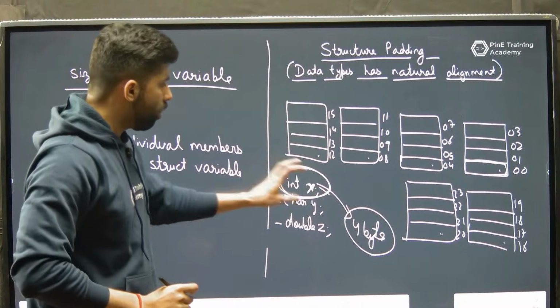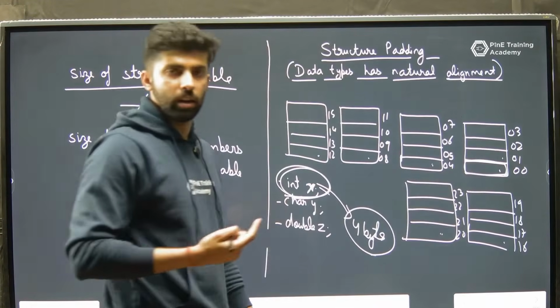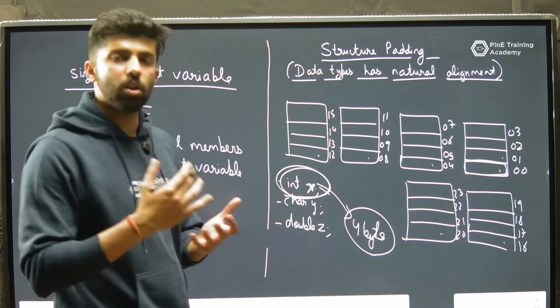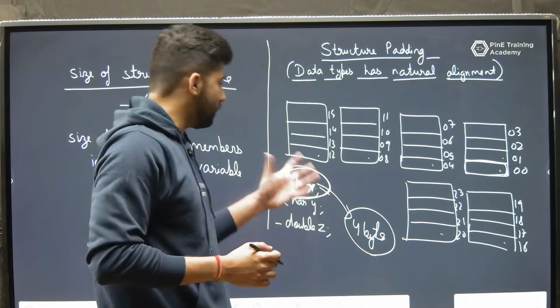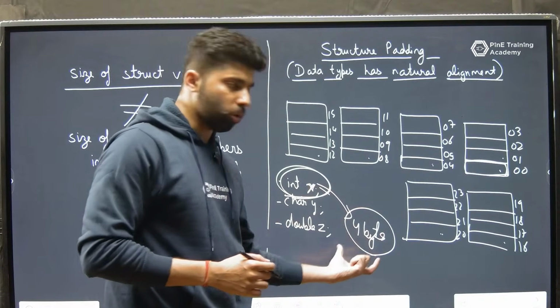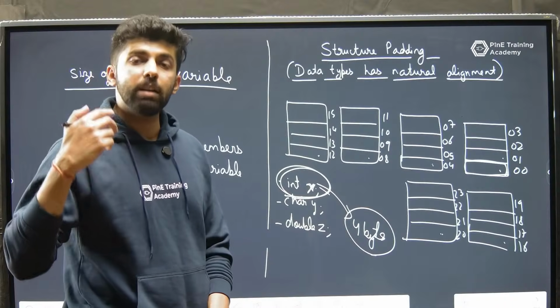We will not store integer starting from block 1, 2 or 3 because these are not multiples of 4. So this is a rule that integer, since it takes 4 bytes, will be stored at a memory location which has an address in multiples of 4.